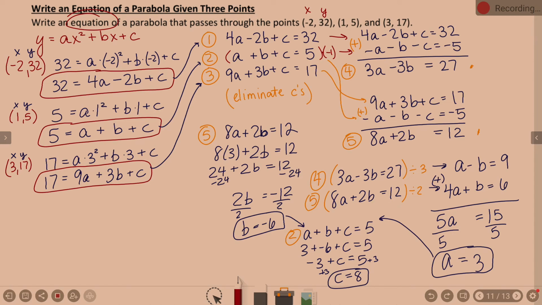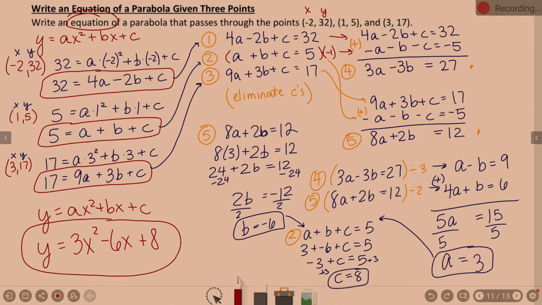We're using that form, y equals ax squared plus bx plus c. Now we're going to leave the x's and y's and fill in our ABCs. So y equals 3x squared minus 6x plus 8.